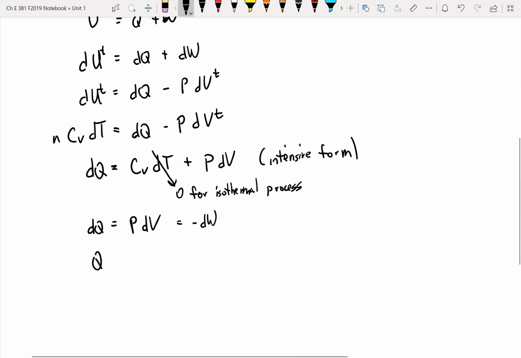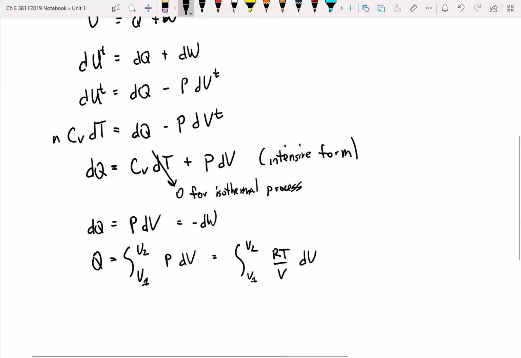So the Q for an isothermal process is just the integral from V1 to V2 of PdV. And then here is where we get to an application of the ideal gas law again. So if it's an ideal gas, then that's RT over V dV.